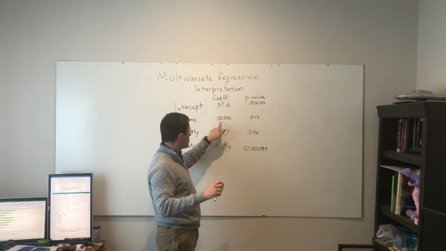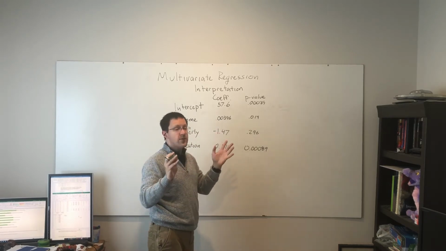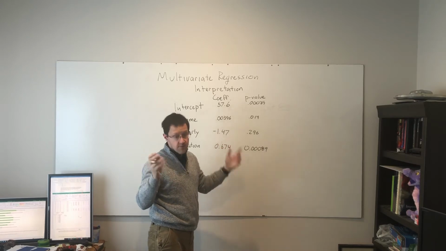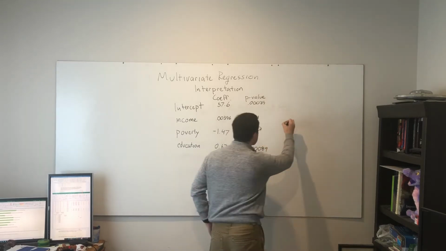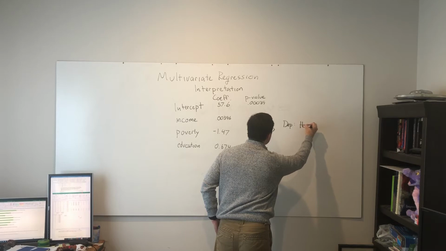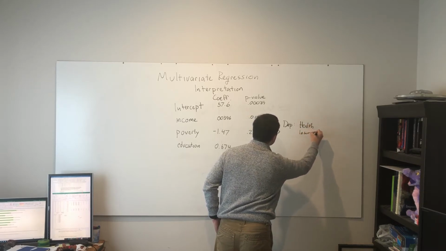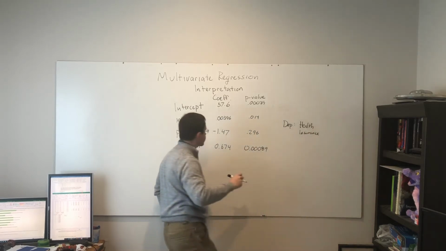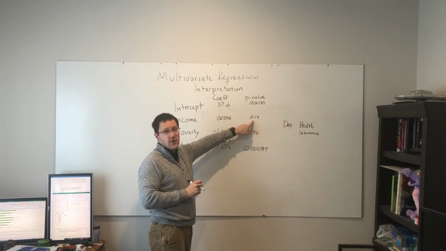So income is something that would be positively correlated with income. I figure health insurance rate probably would be. So we have a coefficient here and an associated p-value.